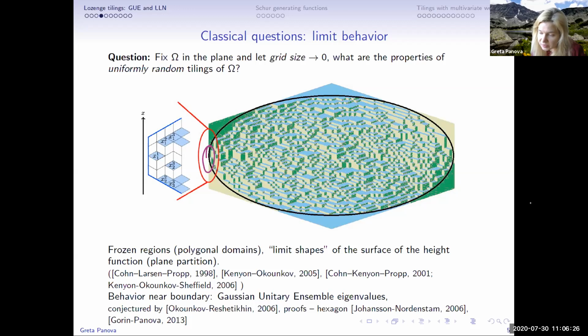So today we are going to focus on this here. Well, we'll mention something about the limit shape as well, and see how we can study all of this.